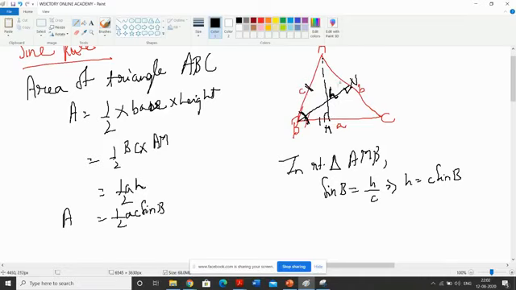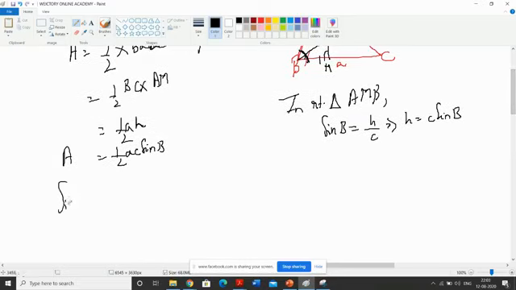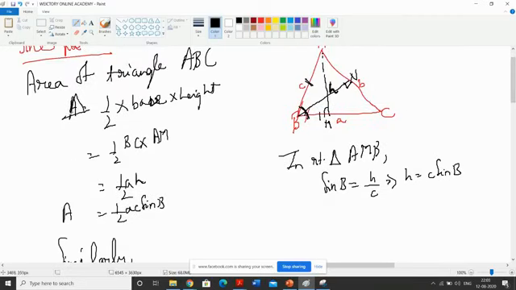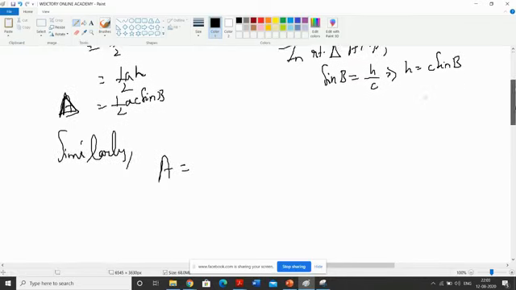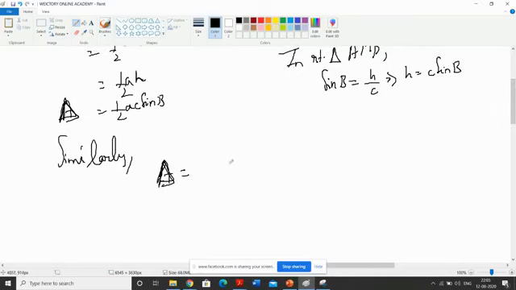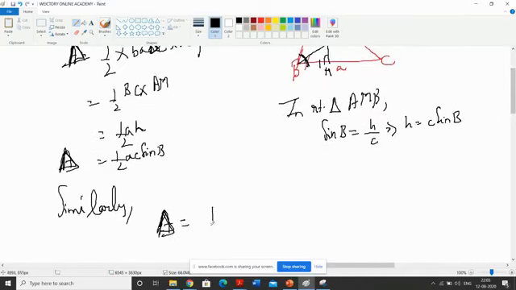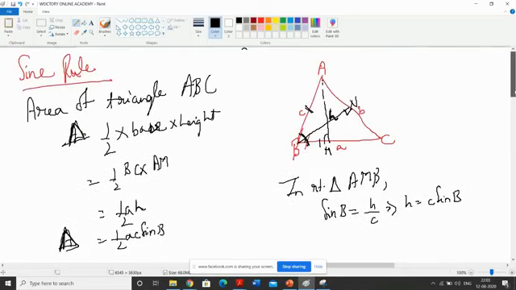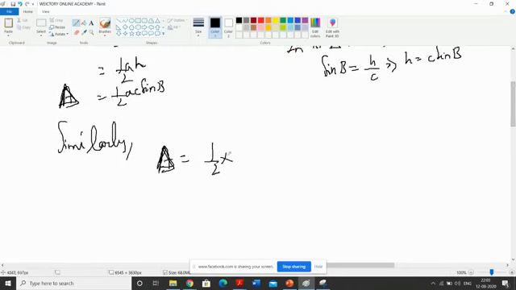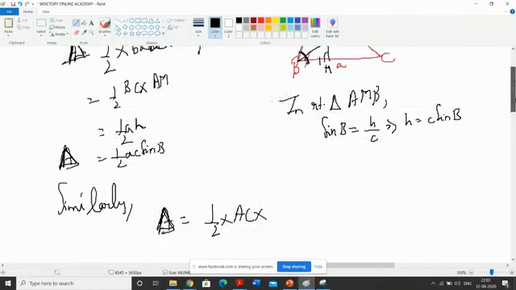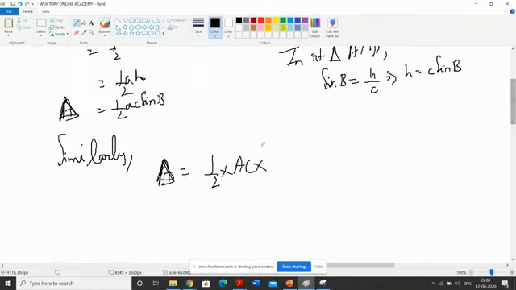If you take base as AC, similarly you can also derive the formula that area of triangle, in place of A let's write delta, because A we have used as an angle, so this delta equals half into base, here base is AC, and height is BN.